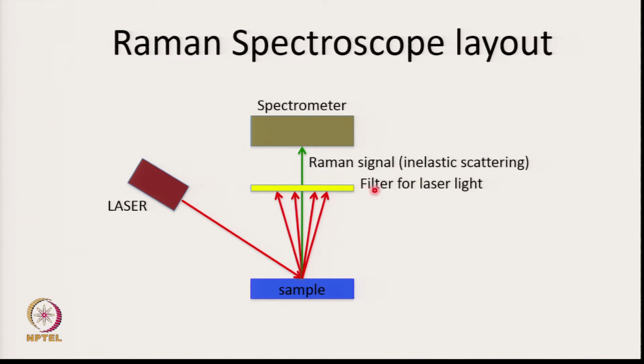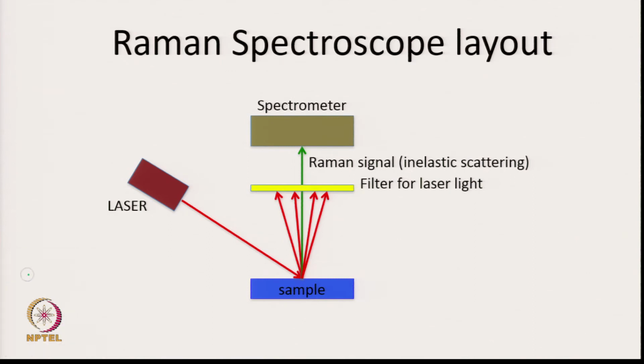So, what we do is we put a filter, and we reject all these red lights which are coming from laser dispersion. So, we reject those by putting a narrow filter, say this is 514, then we put a filter.